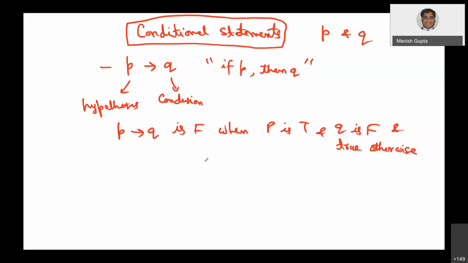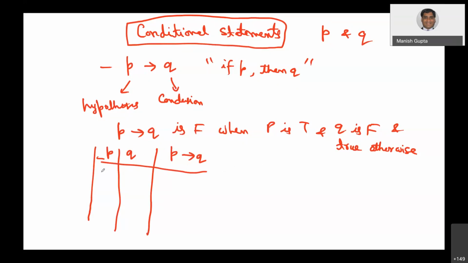So I can make a table here: P, Q. If P is true and Q is true, then this conditional statement will be true. P is true, Q is false, then this is false. P is false, Q is true, then this is true. And if both are false, then this is true.